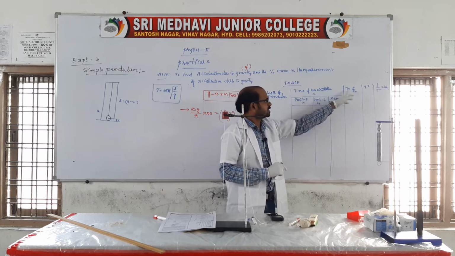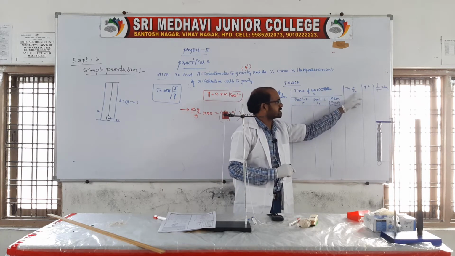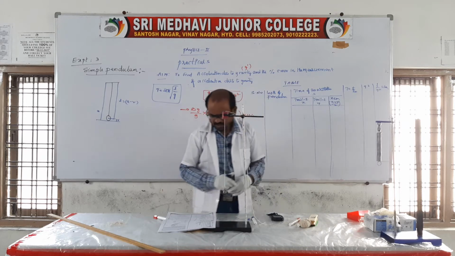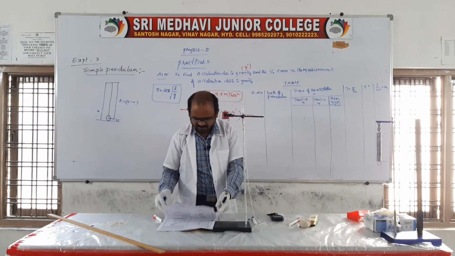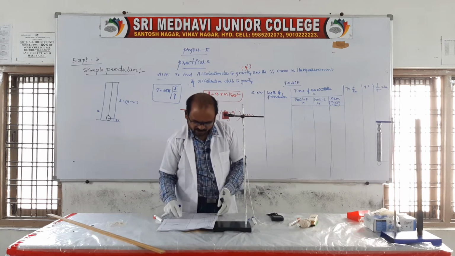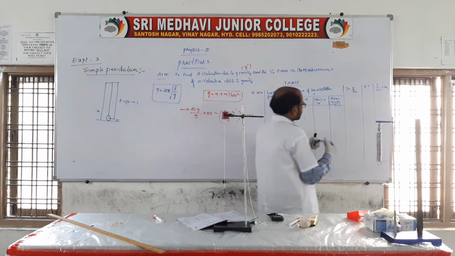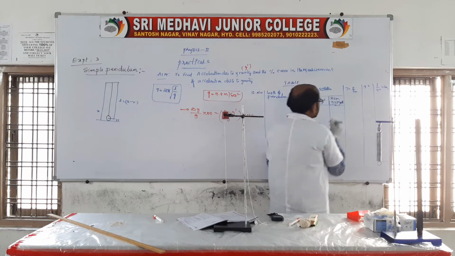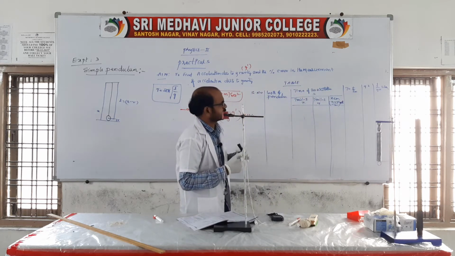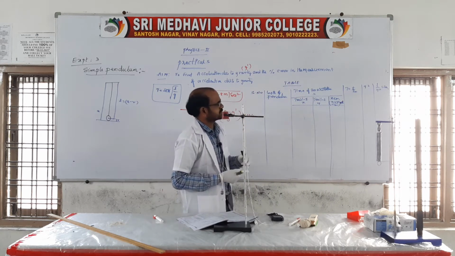Then capital T for 20 oscillations, because the average of x plus y by 2 gives small t. Therefore, capital T is equal to small t by 20 oscillations.